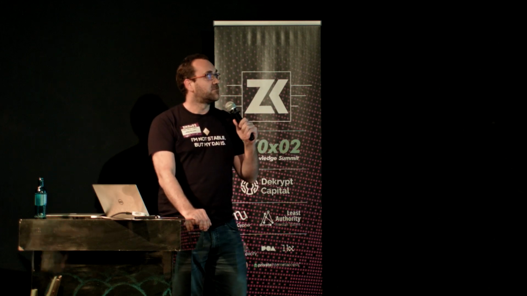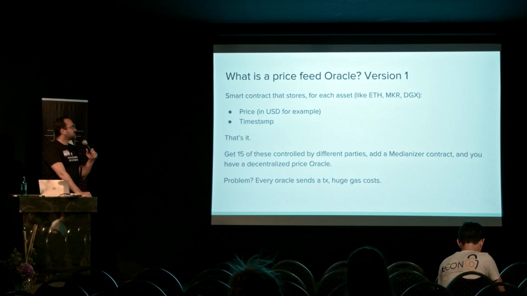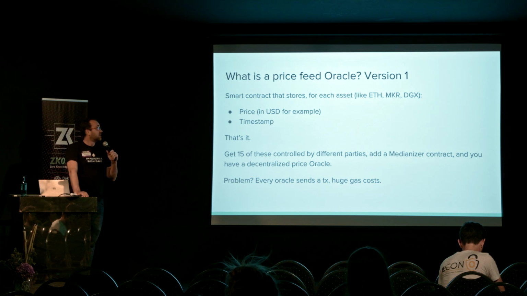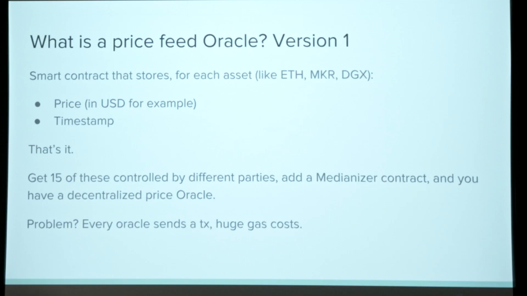So I'm going to talk a little bit about what our oracles are right now, version 1. They're essentially just smart contracts that store for each asset, like ETH or MKR or eventually DIGIX, only the price in USD, for example, and the timestamp. That's basically all they do.